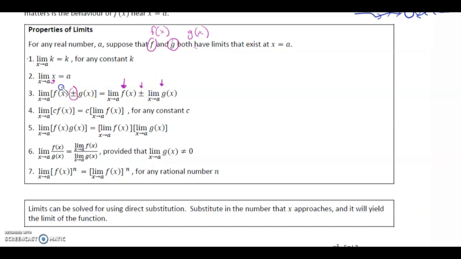So we can take two functions and find the limit of each individual function and then add them afterward. Okay, 4. If we have some function that's multiplied by a constant value c, we can pull that constant out, find the limit of the function, and then multiply it by the constant.